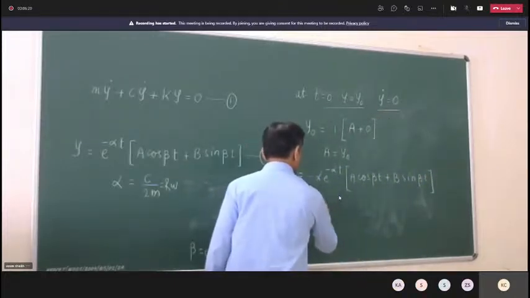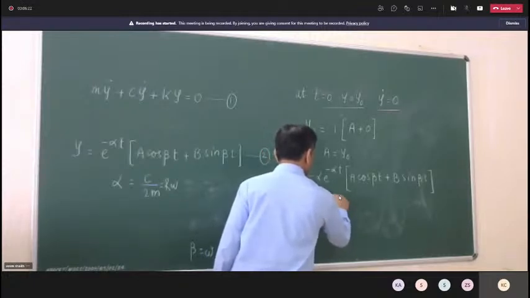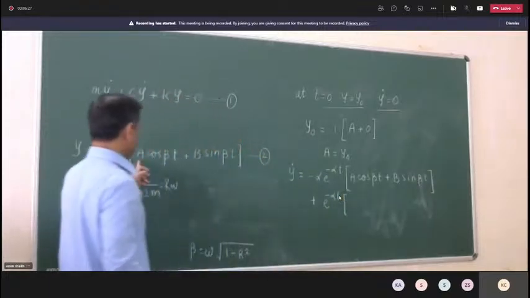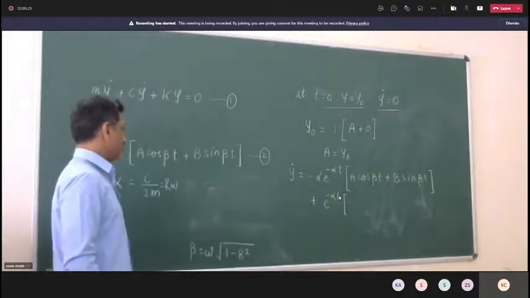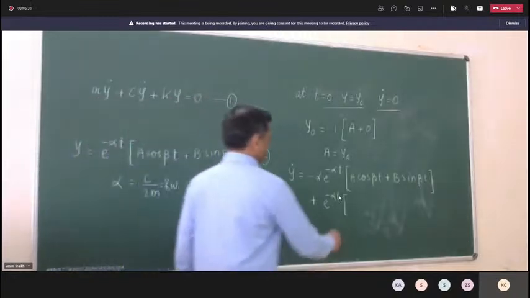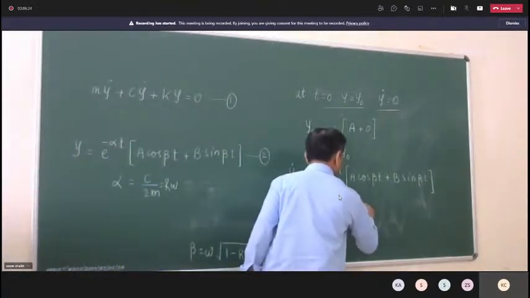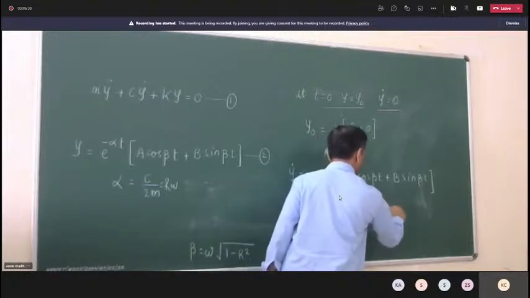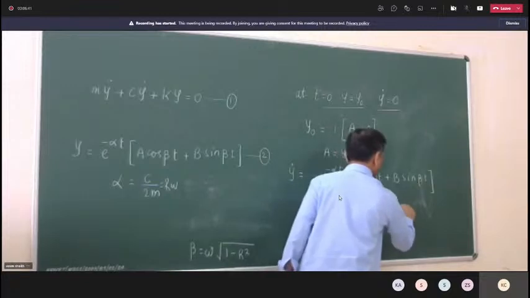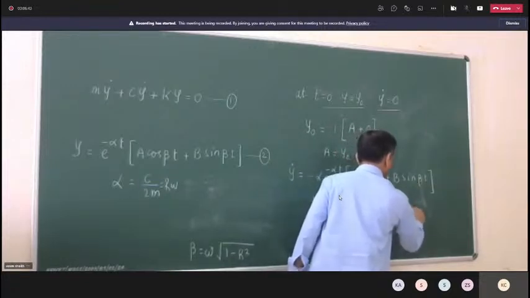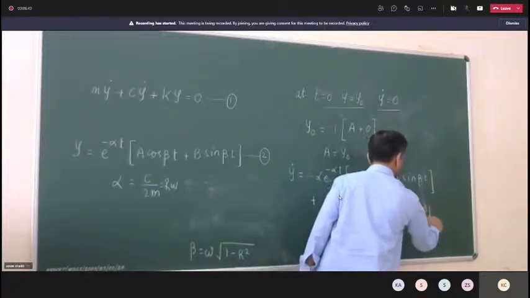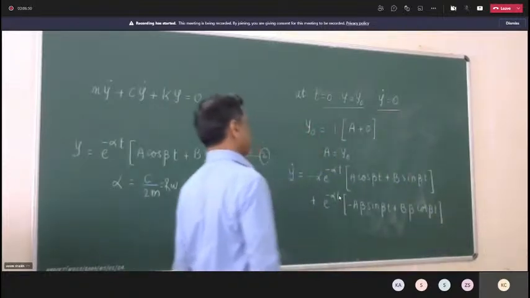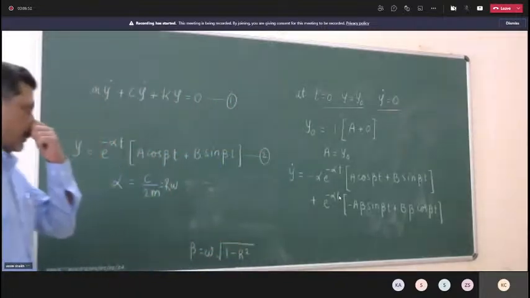Plus now u as it is, e raised to minus alpha t, and now we have to take the derivative of the bracket. So minus A beta sin beta t plus B beta cos beta t. Am I right?